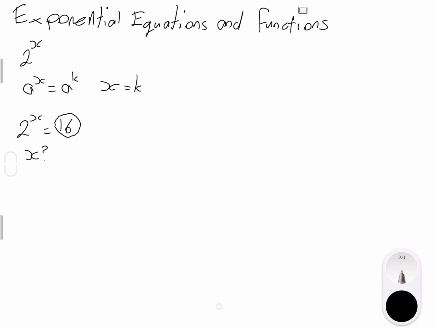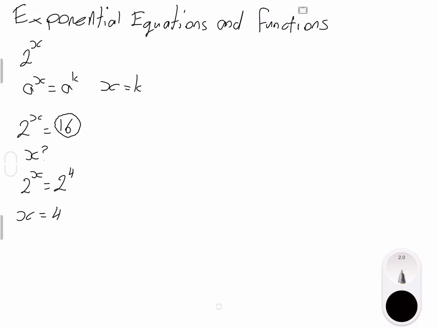So 2 to the power of what equals 16? In this case, it's to the power of 4, because 2 times 2 is 4, times 2 is 8, times 2 is 16. So 2 to the power of x is just the same as 2 to the power of 4, in which case x is just equal to 4.